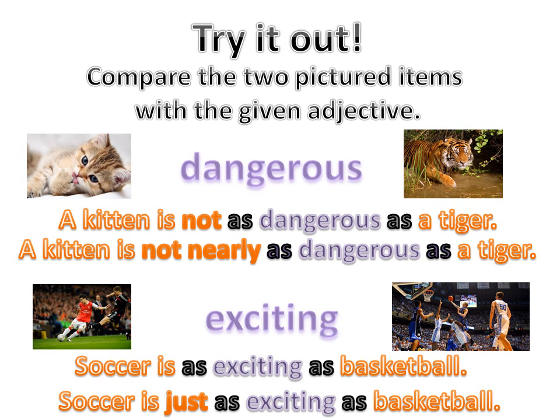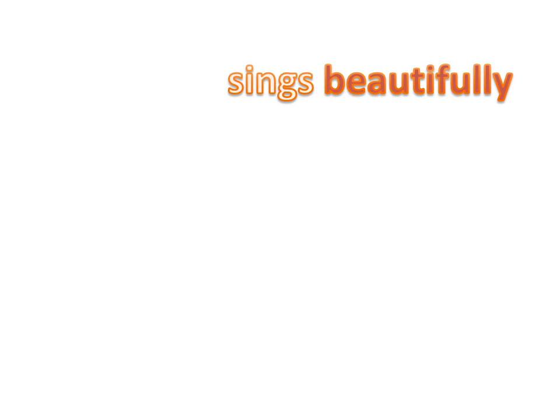So these have been some examples using comparisons with as with adjectives. However, it's also possible to use them with adverbs. If we think of someone who sings beautifully, we might think of Mariah Carey. If we think of someone who cooks well in your family, you might think of your mother.